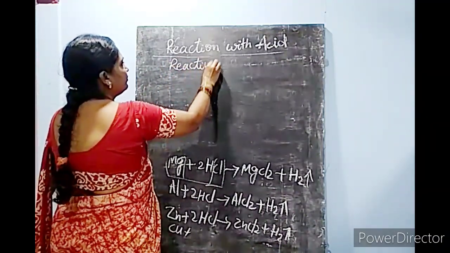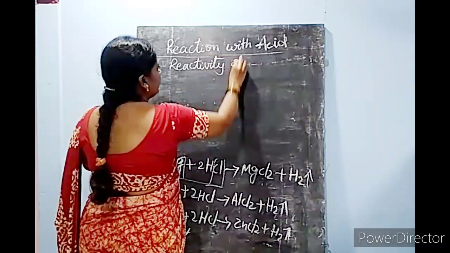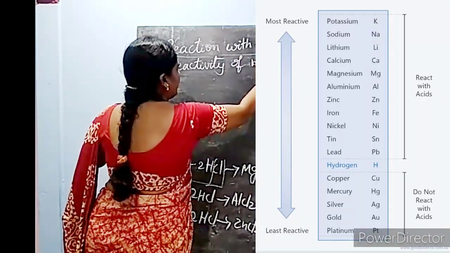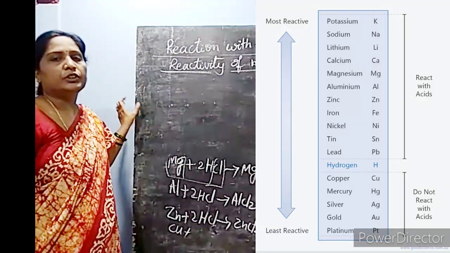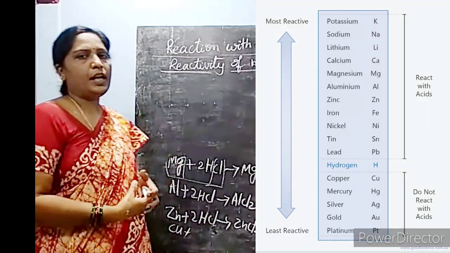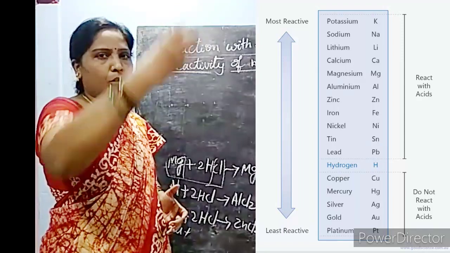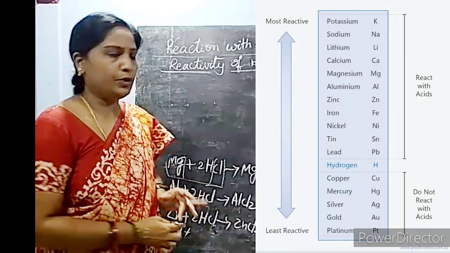Reactivity of metals. We are going to see the reactivity of metals. Which metal is more reactive will come at the top of the list which I am going to give you now.